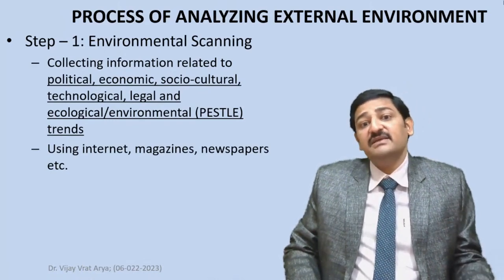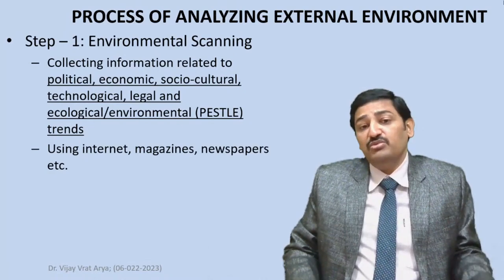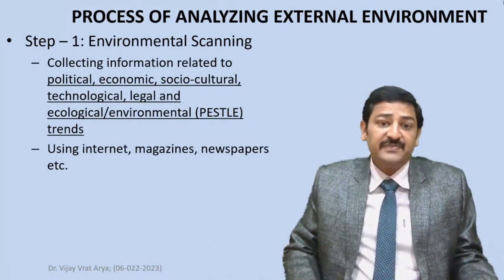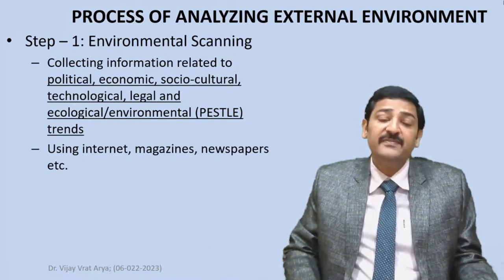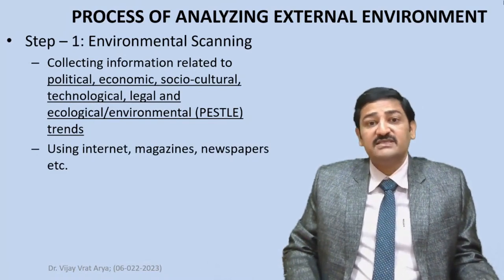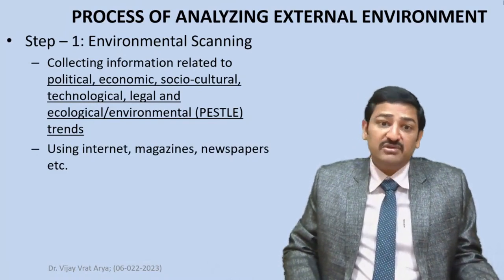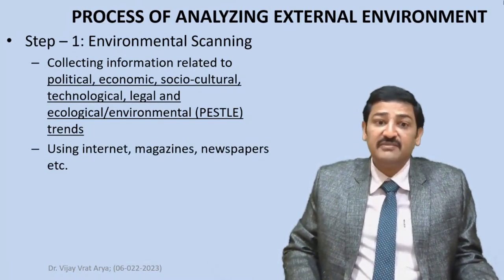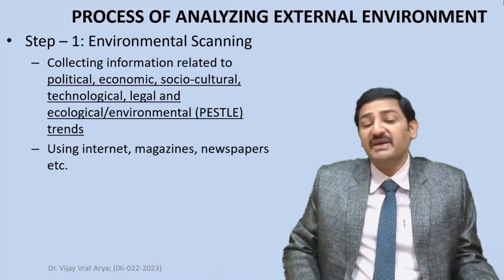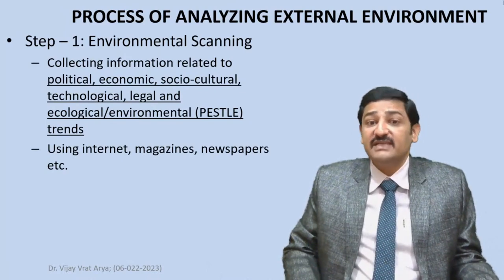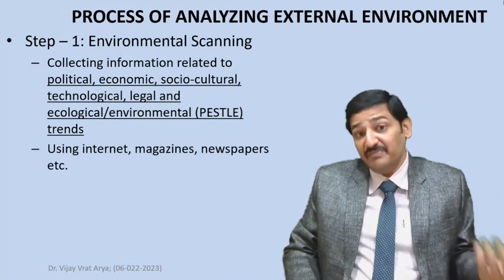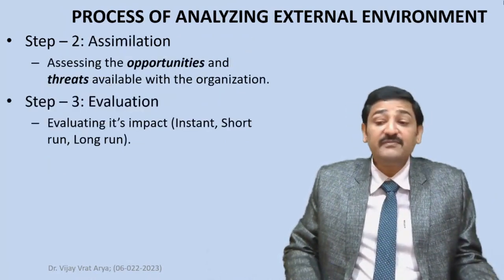It can be through different sources. Primarily, secondary sources are referred to, like internet-based sources, newspapers, magazines, and research articles, which help the manager understand what is taking place and what kind of updates there are in the market.